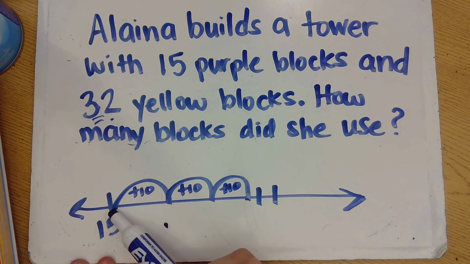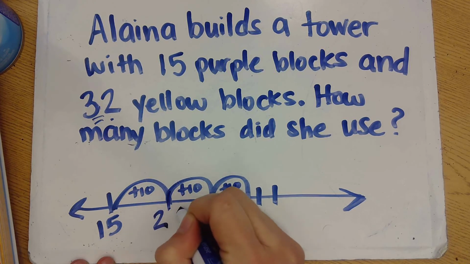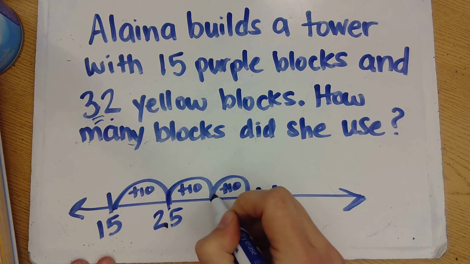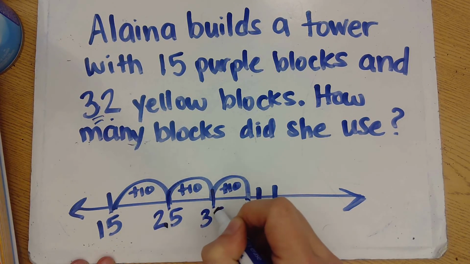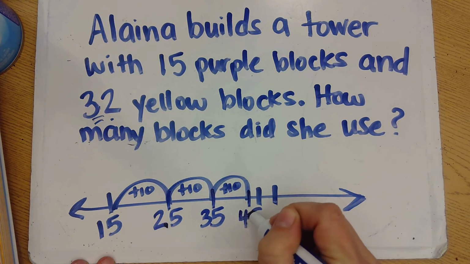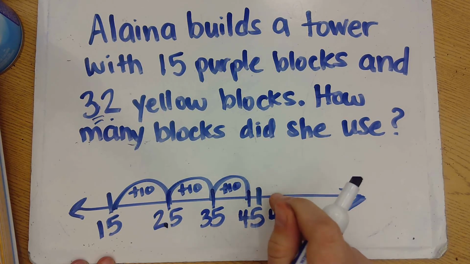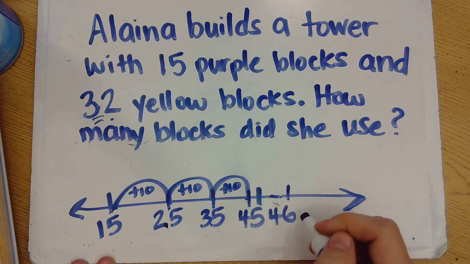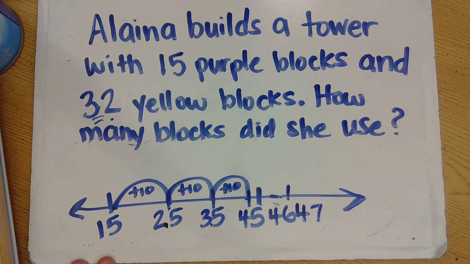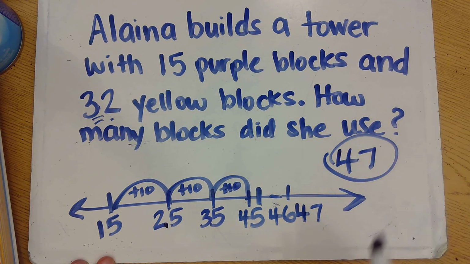So 15 plus 10 would be 25, plus 10 more would be 35, plus 10 more would be 45, and then 46, and then 47. So Elena used 47 blocks in all.